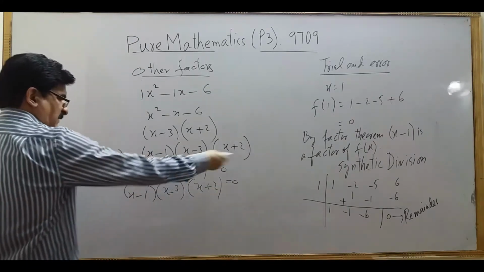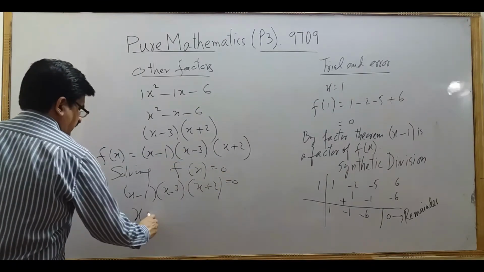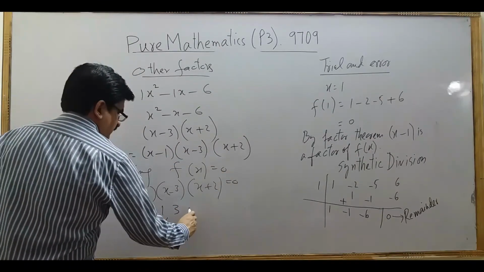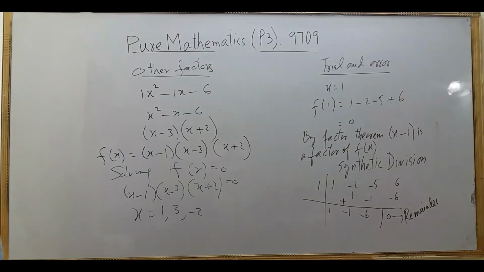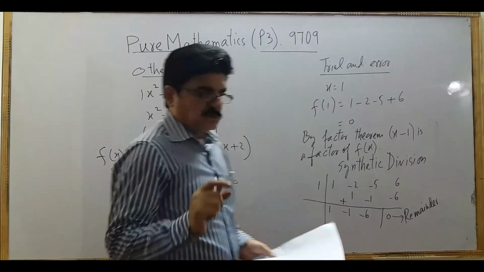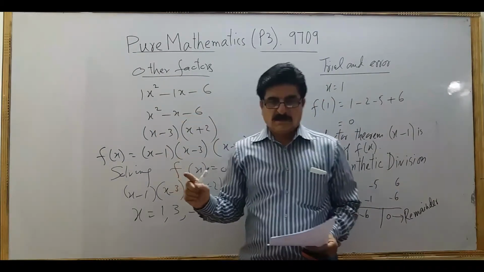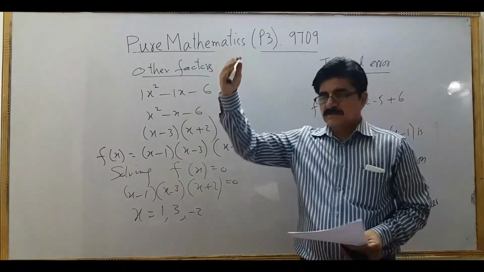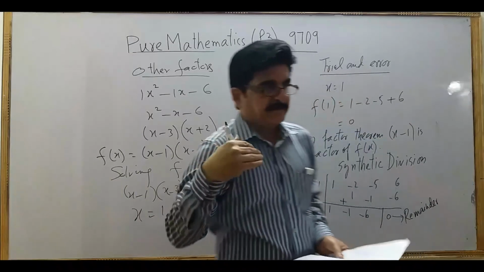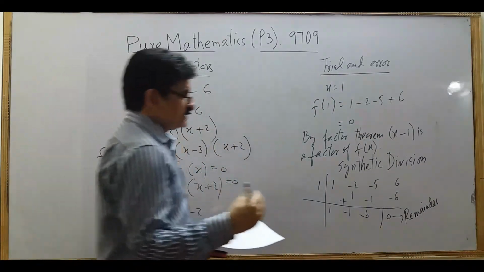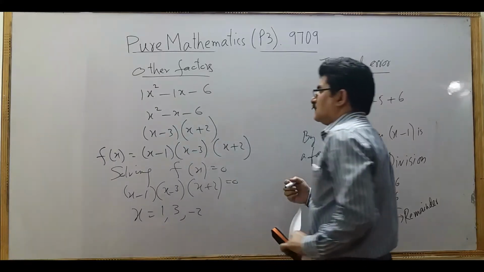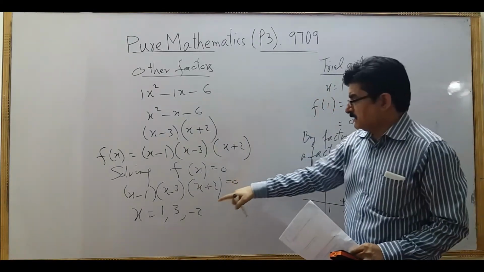Thus equating separately to 0, you will get the values of x as 1, 3 and minus 2. Now see that these are the solutions of the polynomial equation, but you were given the polynomial. Polynomial means an expression, and polynomial equation means equal to 0, and we solve it.